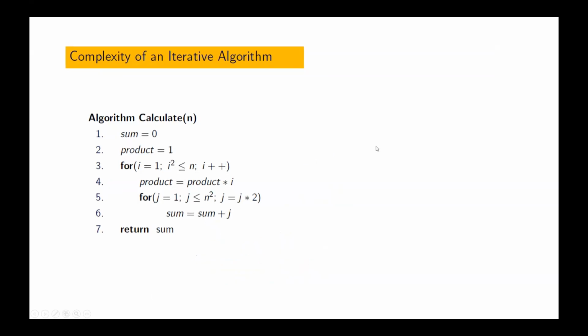Okay, now let us see this. How many times is the third step repeated? The outer for loop. Is it n square, sir? Root n times. N square is not correct, madam.